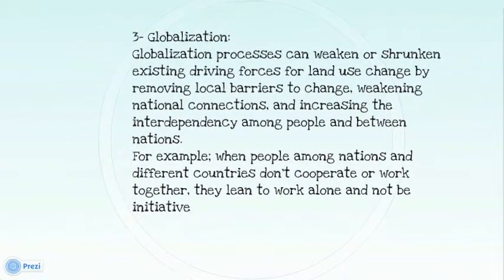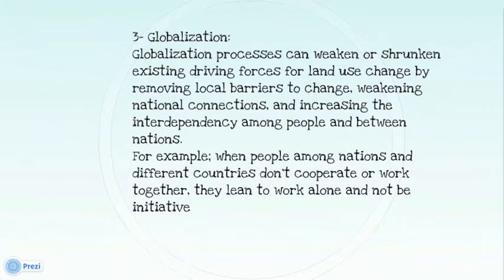The third and last cause is called globalization. Globalization processes can weaken or shrink an existing driving force for land use change by removing local barriers to change, weakening national connection, and increasing the interdependency among people and between nations.